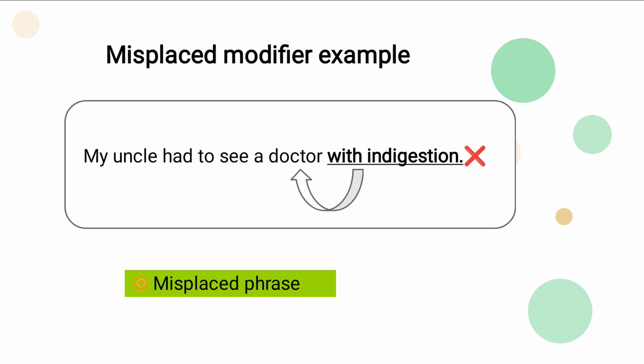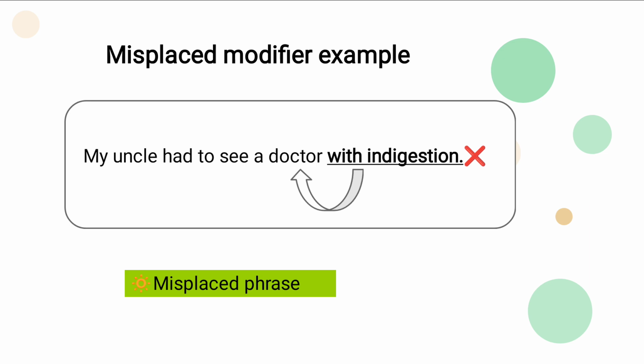Look at this modifier. It's just next to the word doctor, right? So we have information like the doctor is having indigestion. The sentence means this, but actually this is not what we are trying to say.